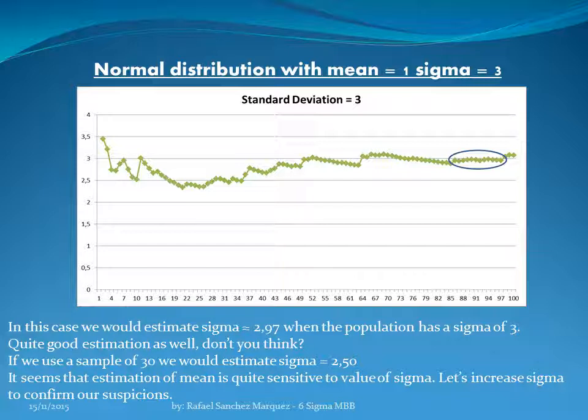For a standard deviation, it is more or less the same: when we have around 100 or less than 100 measurements, then we would stop taking measurements, and it would give us an estimation of almost 3, a lot better than the estimation using the practical rule, of course, which would give us an estimation of 2.50.